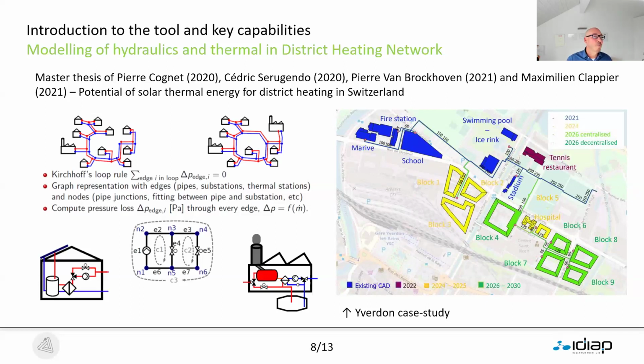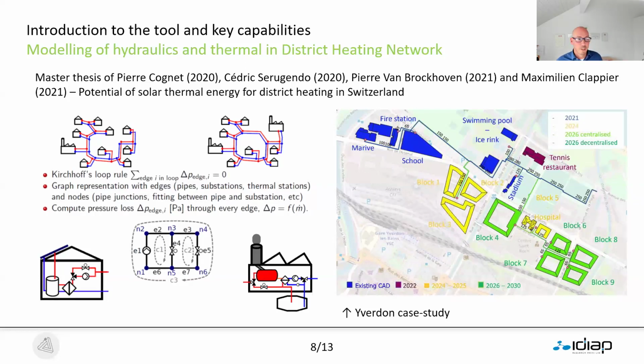So we had a couple of master theses, as you can see here: Pierre Cogniet, Cédric Serugendo, Pierre van Broekhoven, Maximilien Clapier, and basically they worked first, Pierre Cogniet, on the simulation of district heating networks within CitySim. So we can simulate tree-based or meshed networks, so any kind of complexity.